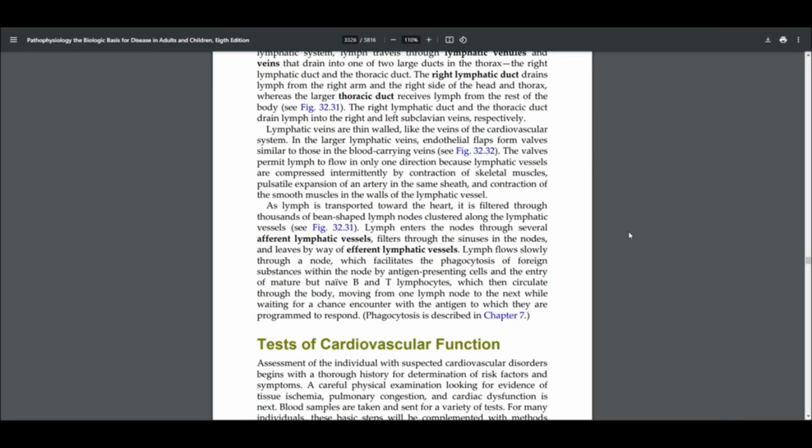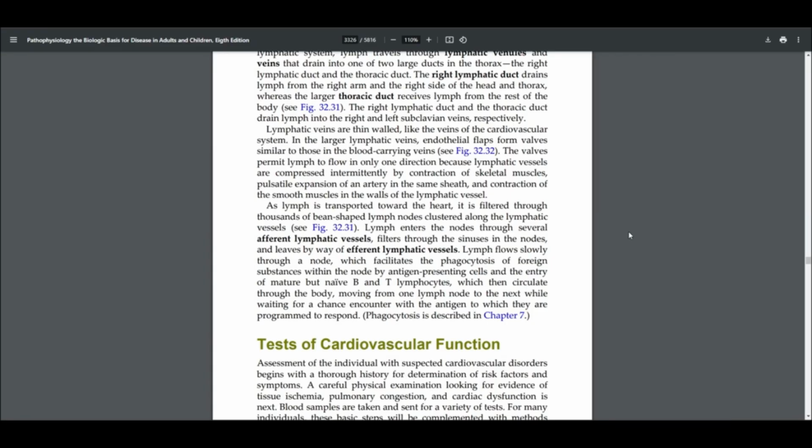The valves permit lymph to flow in only one direction because lymphatic vessels are compressed intermittently by contraction of skeletal muscles, pulsatile expansion of an artery in the same sheath, and contraction of the smooth muscle in the walls of the lymphatic vessel. As lymph is transported towards the heart, it is filtered through thousands of bean-shaped lymph nodes clustered along the lymphatic vessel.